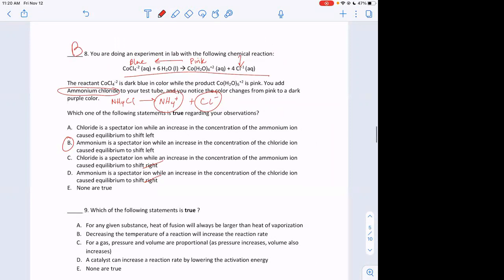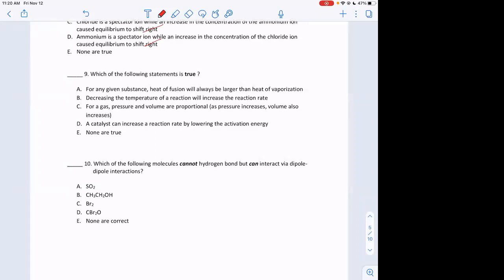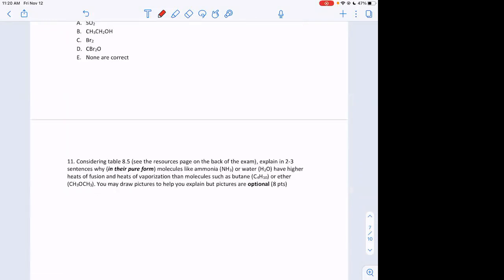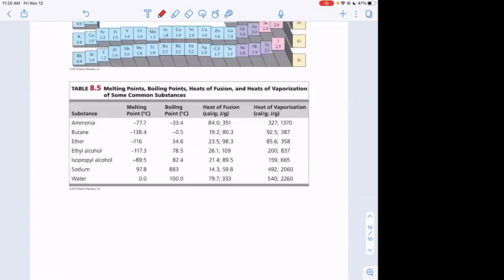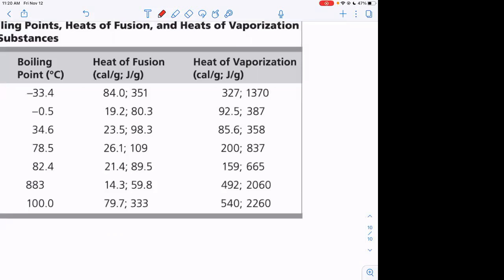All right, number 9. Which of the following statements is true? For any given substance, heat of fusion will always be larger than heat of vaporization. That you honestly should just go look at the table at the end. I gave you this table. If you look at all the heat of vaporization numbers compared to heat of fusion numbers, every single one of them is bigger.